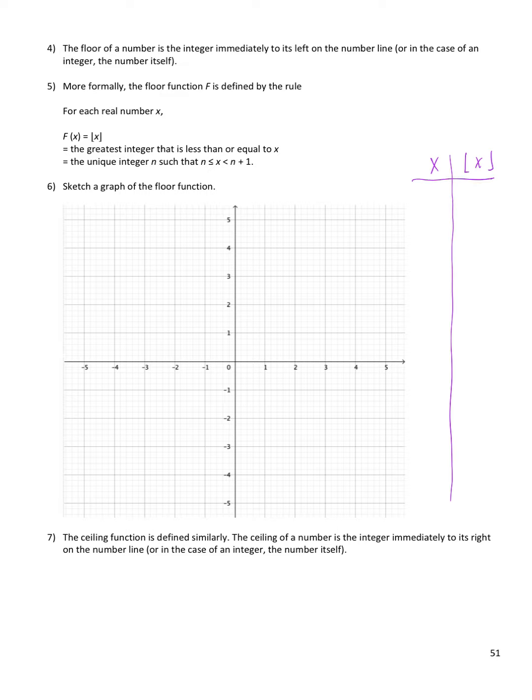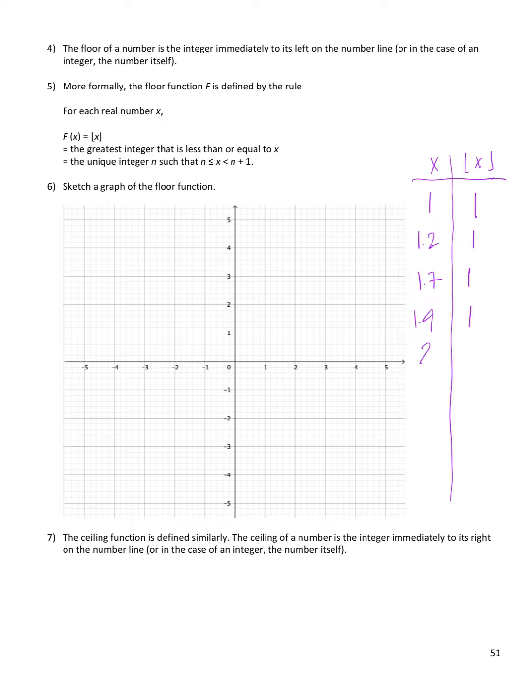So if I do 1, any way you round it, 1 would be 1. So the round down is 1. All right, and then 1.2, that would be 1. 1.7, normal rounding, that would go up to 2, but the floor function takes it down to the integer below. So that's also 1. 1.9, 1.